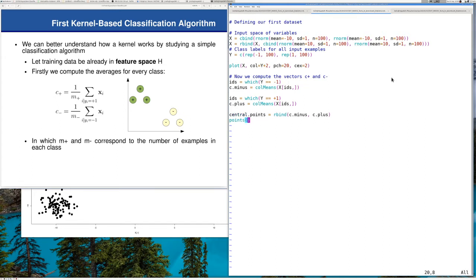Let's plot those central points using a different color, could be a color equals to whatever, I don't know, like equals to 5. And of course I will define a PCH 20 and probably a CX greater, could be equals 5, so we can better see what's happening.